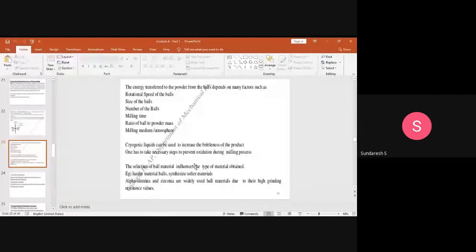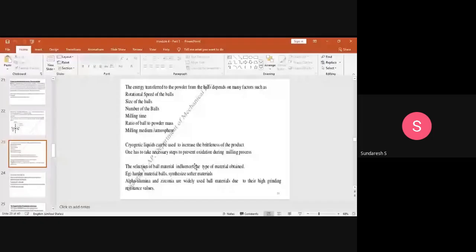In the sense, when you want to convert coarse size into a fine size, the material needs to be brittle. As it becomes brittle, it is easy for us to make the coarse size into a fine size. So to make the material brittle, we can use cryogenic liquids.